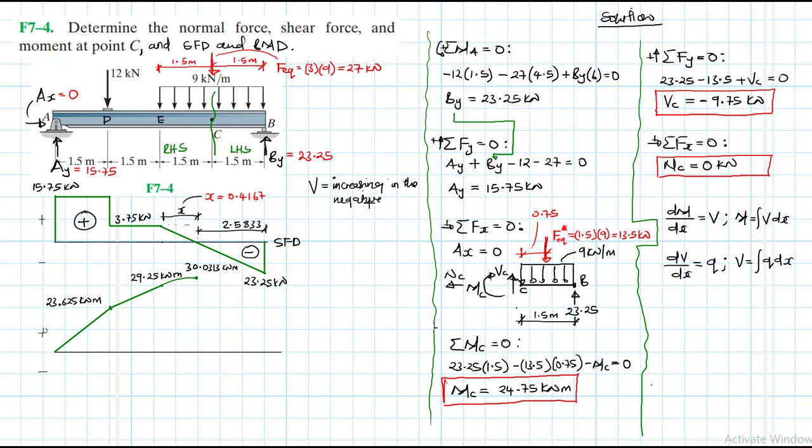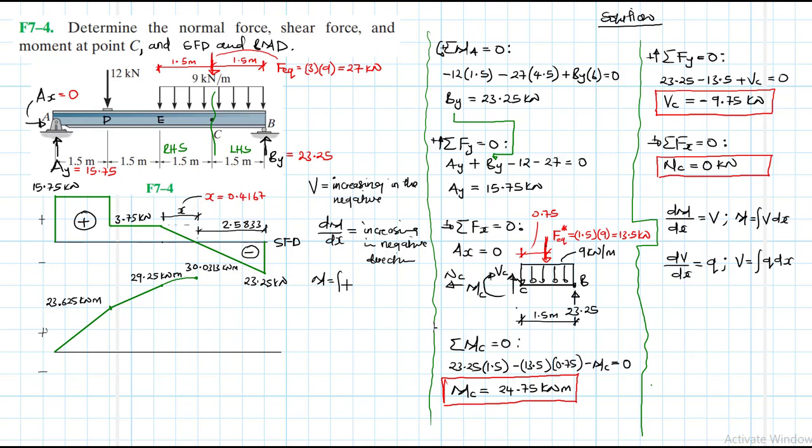So the slope is increasing in the negative direction, therefore the slope of the moment also is going to be increasing in the negative direction. Okay, is that fine? Great. So let's find this magnitude.